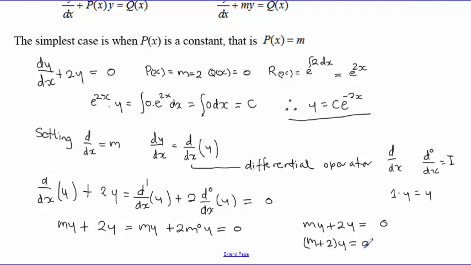And we all know that if you've got such a situation, this would imply that m plus 2 is equal to 0, or y is equal to 0. But saying y is equal to 0 was saying that the solution to this equation is 0. We can't set ourselves on a task of finding a solution which is 0.